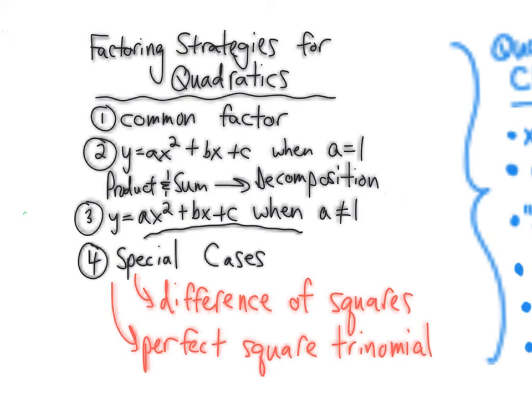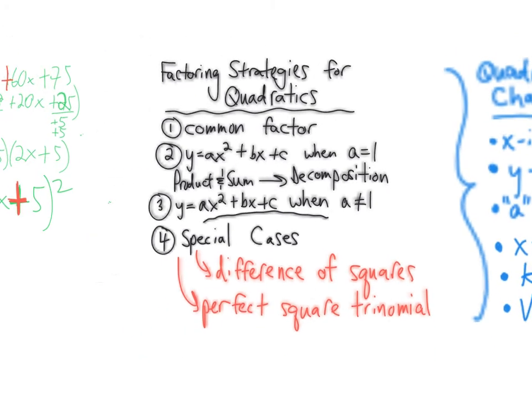That's why it's more efficient. So step 2 and step 3 is irrelevant if a is 1 or not. Prior techniques with decomposition, we needed to analyze it differently when a was 1 or a isn't 1. This works in both cases, the product and sum technique. And finally, we have special cases. We might have difference of squares, we might have perfect square trinomials, and then there's some further shortcuts, as already outlined.